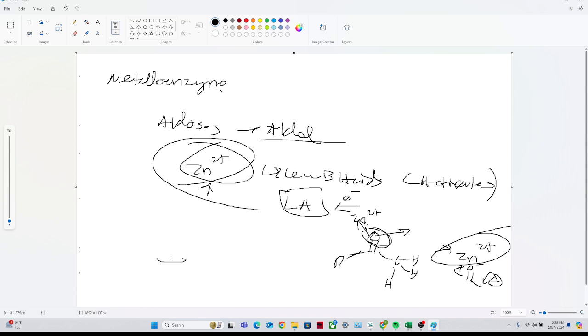The other thing that could happen is the oxyanion hole. This is always for tetrahedral chemistry with carbonyls. You form this tetrahedral intermediate, with R, R, and R, and this O minus is super unstable. So what does your body do? It gets a bunch of amides and allows them to H bond.